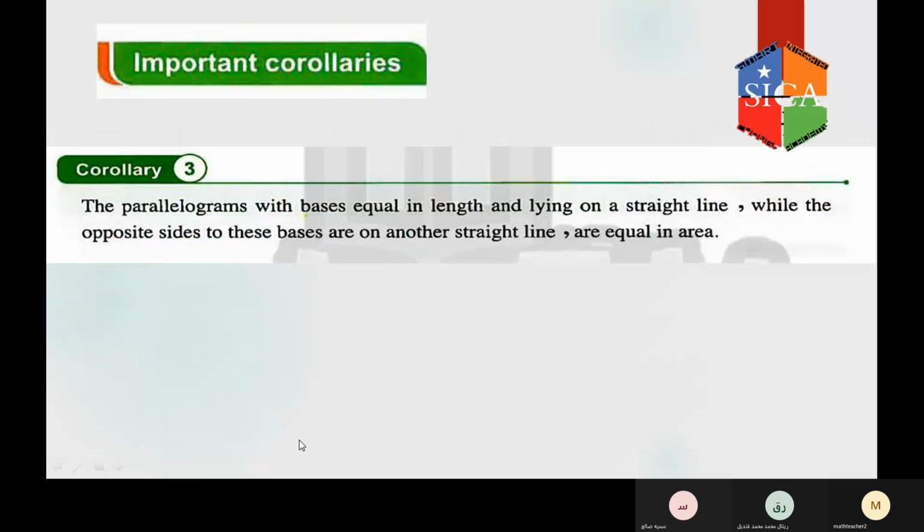Another corollary. The parallelograms with bases equal in length, lying between two straight lines, while the opposite sides of these bases are on another straight line, are equal in area.